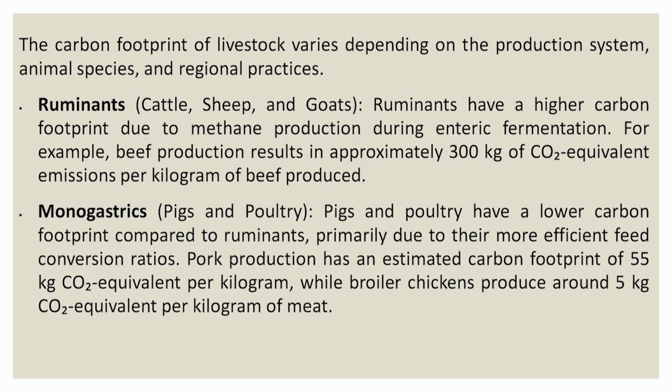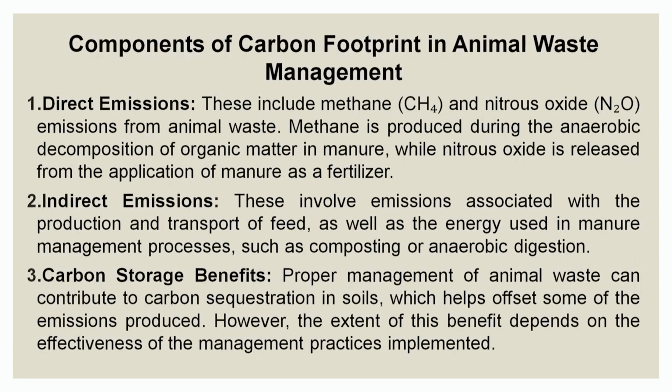Similarly, monogastric animals like pigs and poultry have a lower carbon footprint due to their monogastric nature, and pork production is estimated at 55 kgs of carbon equivalents per kg, whereas broiler chicken produces around 5 kgs of carbon dioxide equivalent per kg of meat produced.